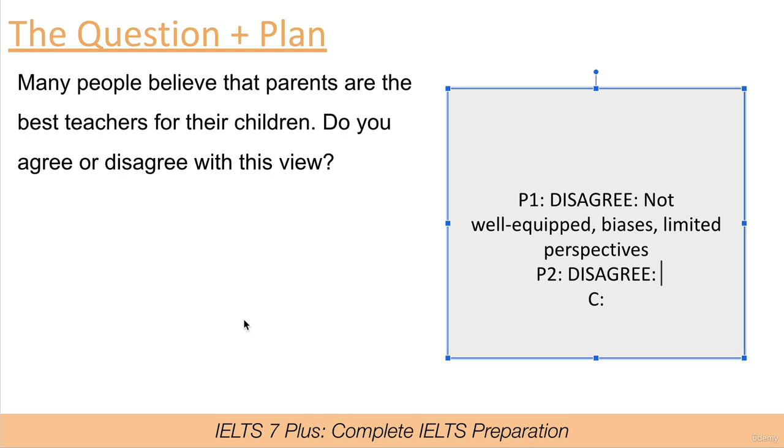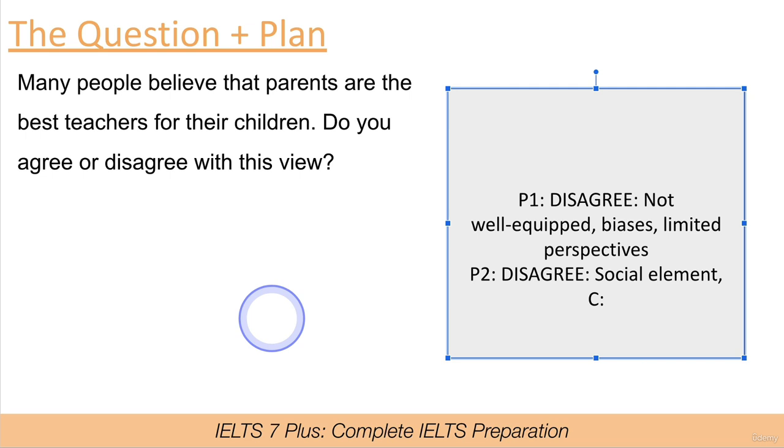Okay, and another element, and then of course in the paragraph we'll expand upon this. Another element will be the social elements. If the child is getting taught by their parent and then school ends and their parent is parenting them, that child's not exposed to different people, different perspectives.